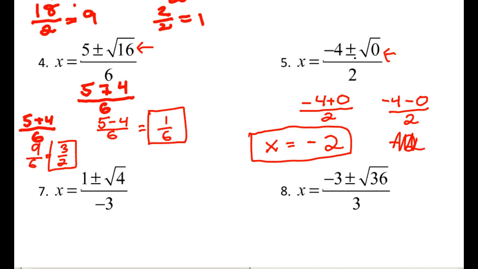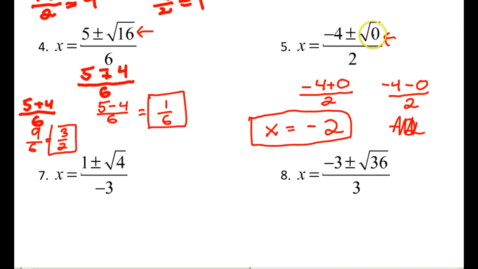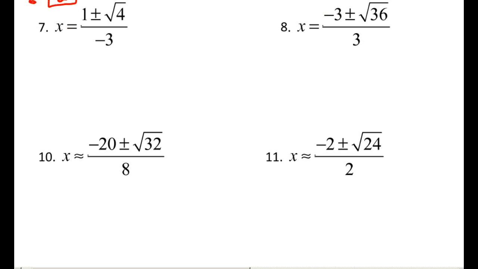So 3 possibilities. Positive will give you 2 answers. It'll go to the right and left a little bit. And the 0, 1 answer because you're not going up or down at all. And if this is a negative, you can't do it at all. You just say no real answers. So 2 answers, 1 answer, or no answers. We'll get to the no answers later.